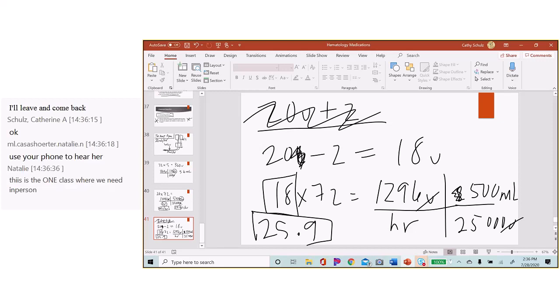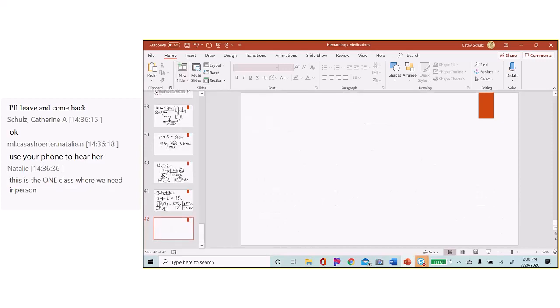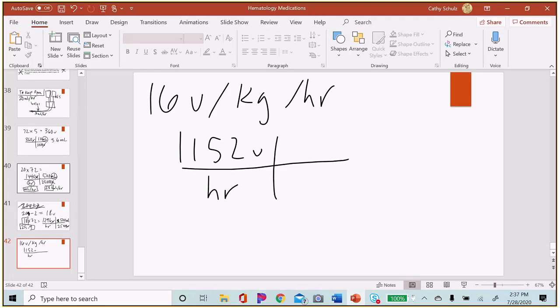It's still too high, so we have to subtract 2. So now we're going to be at 16 units per kilogram per hour. They still weigh 72. 16 times 72 is 1,152 units per hour. Again, it's the same bag.